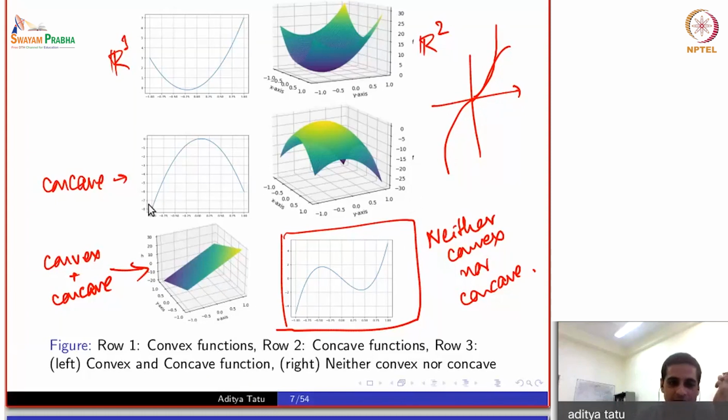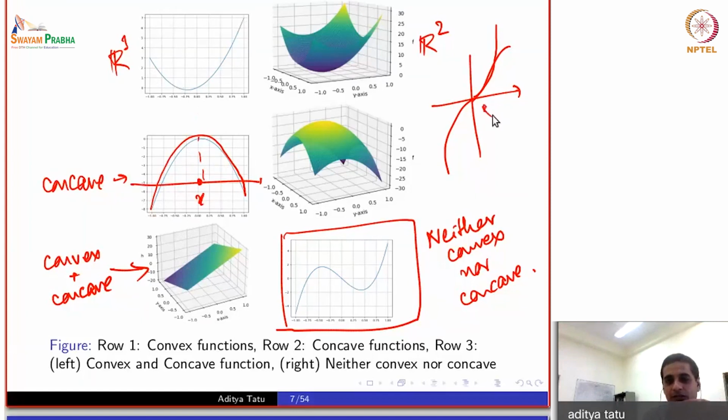If I take a look at this function, what do you think would be the slope? Minima would not be the right term. Extrema would be the right term. In this case, it would be maxima. Exactly. You can have a maxima, you can have a minima, you can have points.